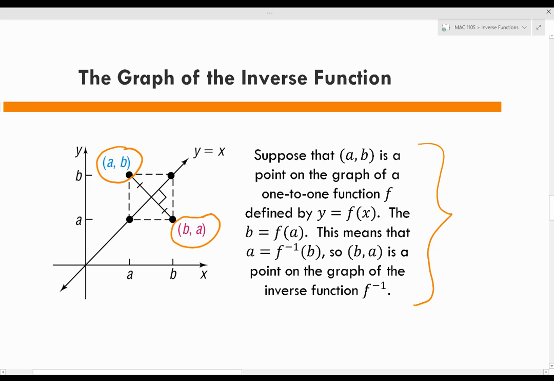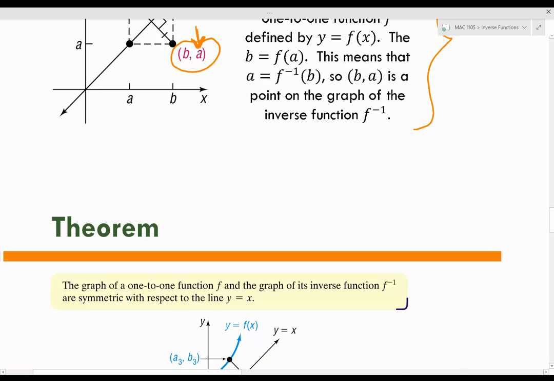Notice that the signs don't change on those coordinate values. The only thing that happens is that the placement of a and b change positions. So if a on the function was in the domain, the input, the x value, a is now in the range, or the y position, on the inverse, okay? So the coordinates just change positions. That is all.